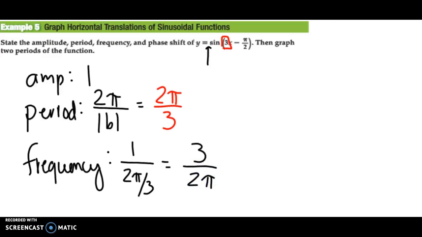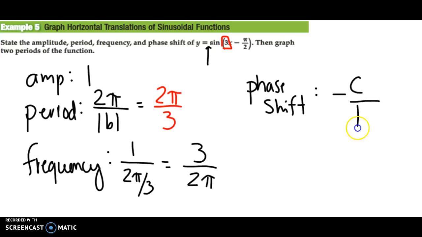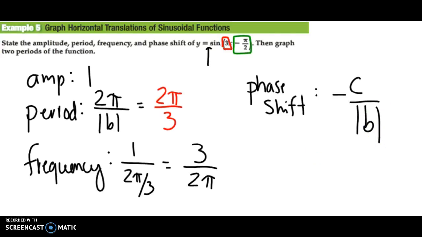And finally, we need to find the phase shift. Remember that was negative c over the absolute value of b. In our case, negative c is negative pi over 2.